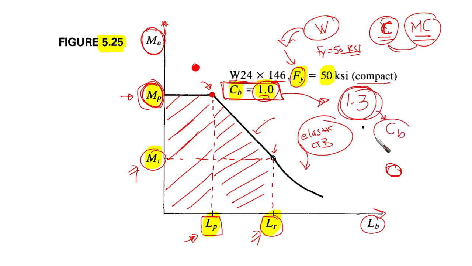Otherwise, the required strength, for example Mu coming from the load combination, you can divide by the real CB, 1.3, and then enter the curve using this value to check whether it is within the capacity or not, as we are going to see in a minute.